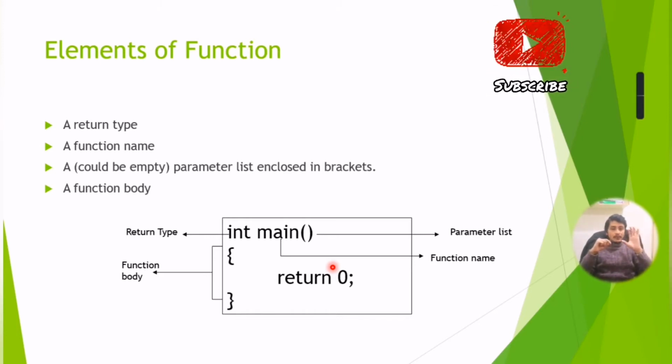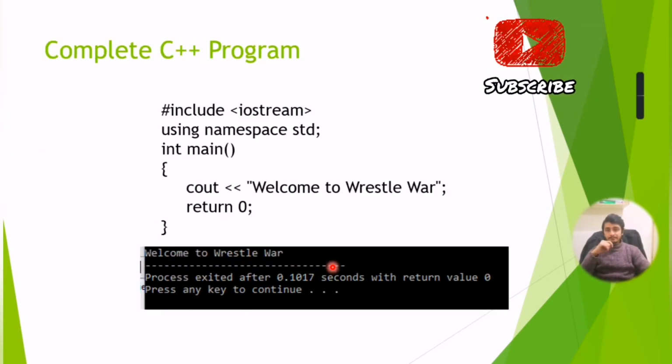So don't worry, just get the basic idea from here, like what are the different types of the function, different parts of the function. And when we study different examples, you will know what these terms actually mean.